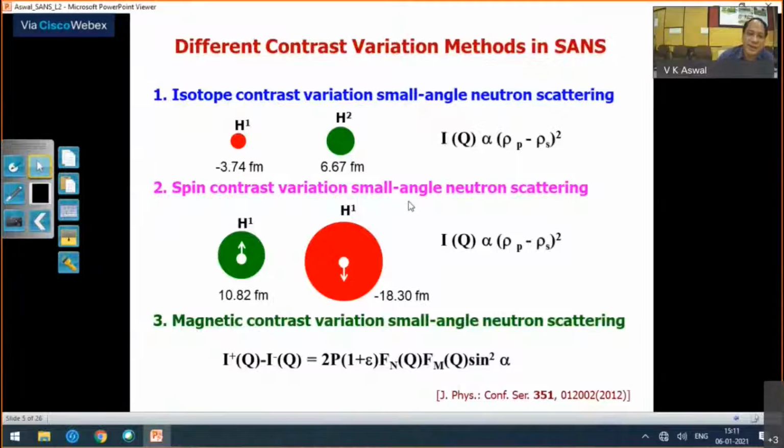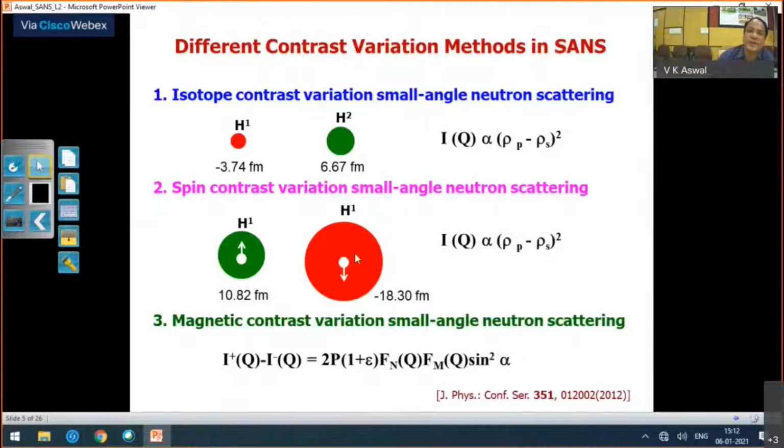Another contrast variation technique which is useful is based on the fact that neutrons are fermions, a spin half particle. It has two states, plus and minus, up and down, and the scattering lengths for these two spins are very different.